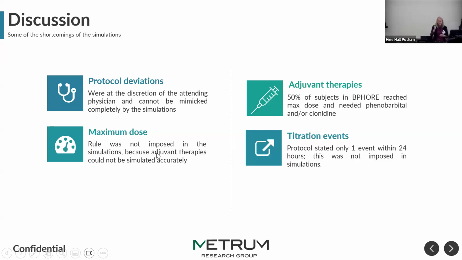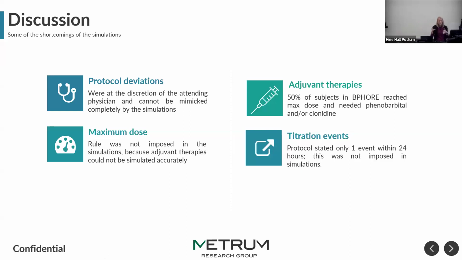But if we do the simulations and just censor those individuals that reach the maximum dose, then our simulations were a lot closer to observed in terms of time to stabilization. On the subject of adjuvant therapies, 50% of the subjects in B4 reached that maximum dose and had to receive an adjuvant therapy. We think those infants just had more severe NAS or NOWS and needed that rescue.